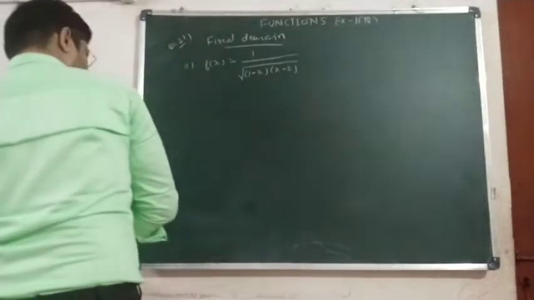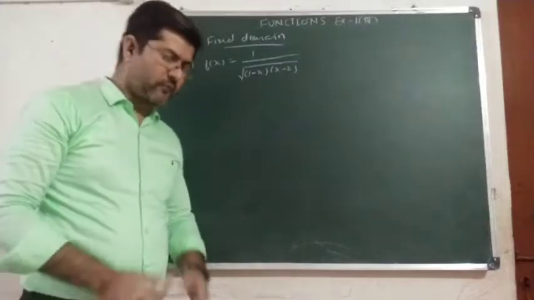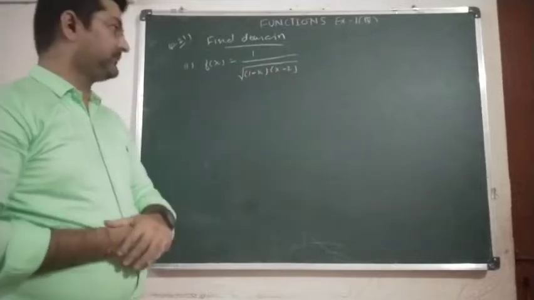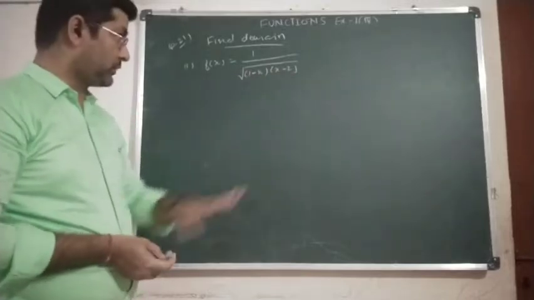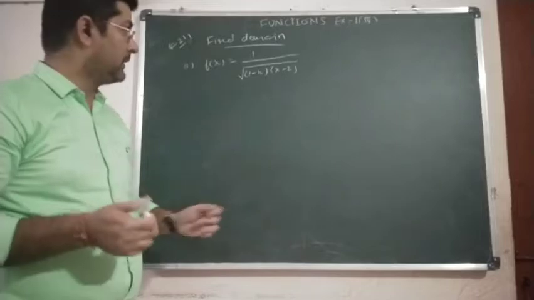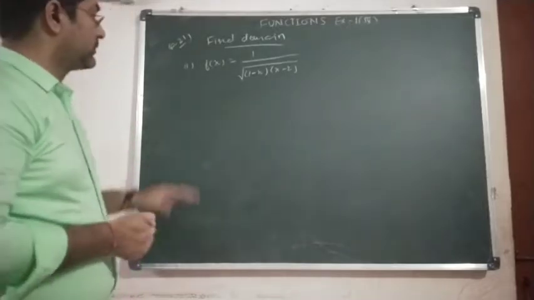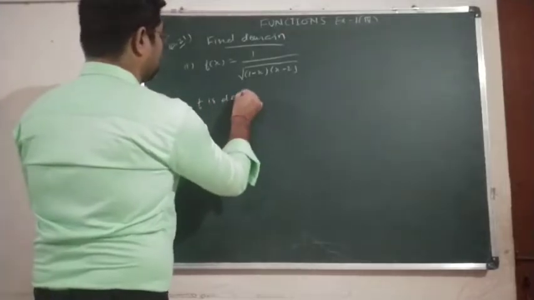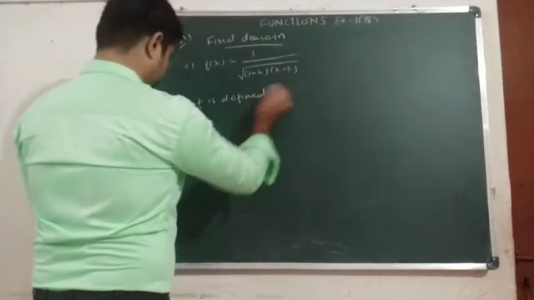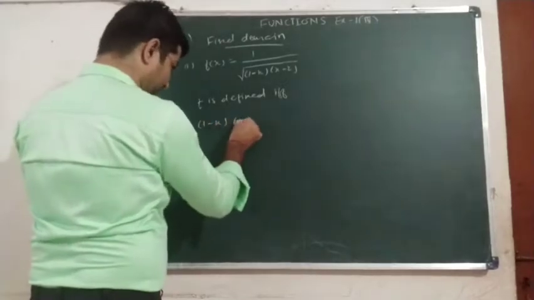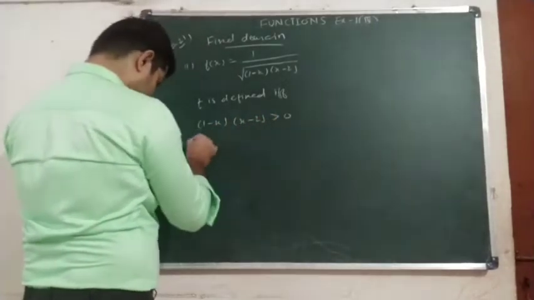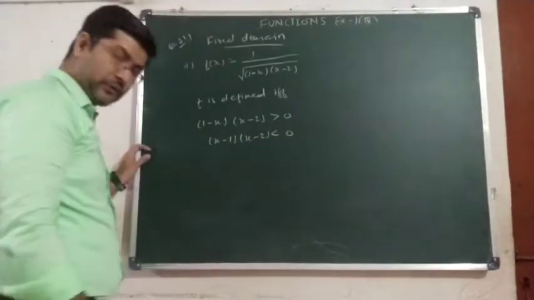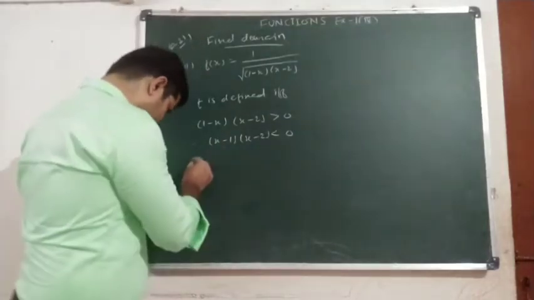Okay, now function f, we know that function f is defined only if this value is greater than 0, not equal to 0, because if there is 0 in the denominator then the function will be undefined. Okay, so f is defined if 1 minus x into x minus 2 is greater than 0, or x minus 1 into x minus 2 is less than 0. So we have two critical points.